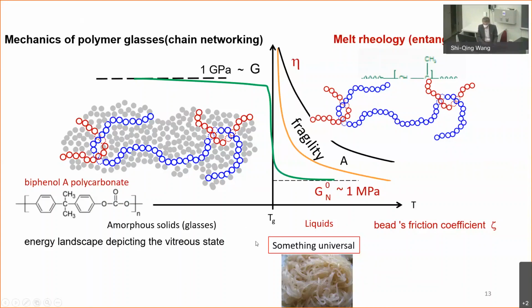In the past, we of course know there's something about this network, and we call that entanglement network. Well, that's an overused term, because the entanglement network was initially a word for rheology.